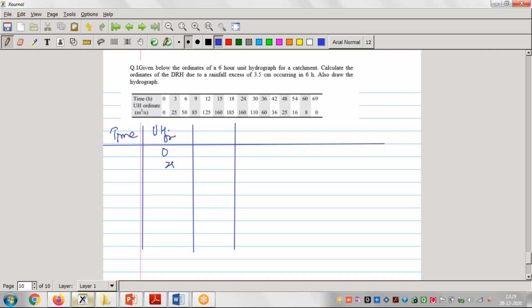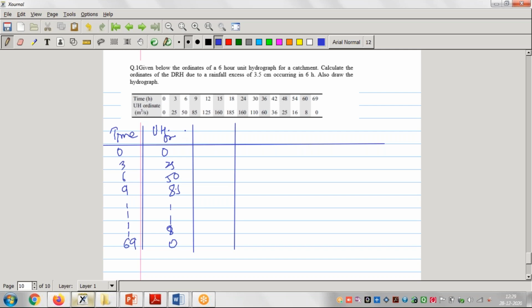This is 0, 25, 50, 85, up to 0. The last one is 8 and 0, and the time is 0, then 3 hours, then 6, then 9. Likewise, it will go up to 69.